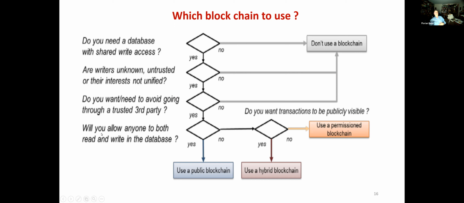And then finally, we will allow anybody to participate and use a public blockchain. If not, you can use a hybrid blockchain, which means that you control who gets access to the blockchain. In most of the applications that are successful or somewhat successful, it is a permissioned blockchain. With the exception of Bitcoin and cryptocurrencies, almost all applications use permissioned blockchain.